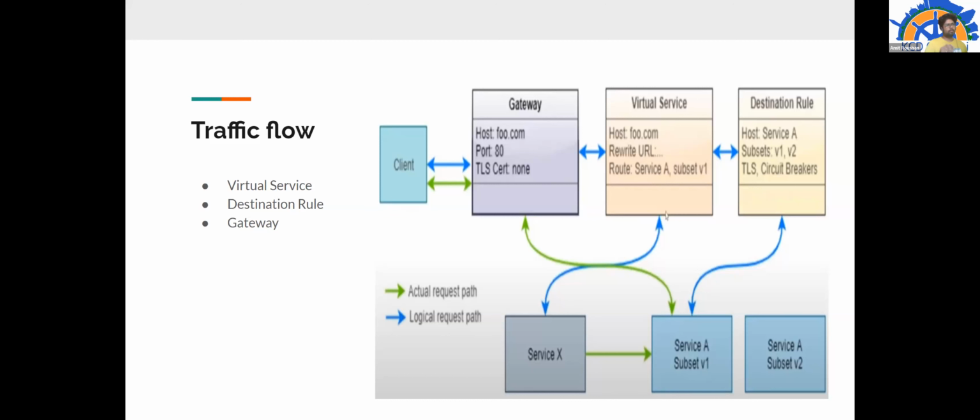So what virtual service does is it brings these two things together: the name with which the service is going to be identified, and the actual service name on the platform itself. It helps the client and server communicate with each other.